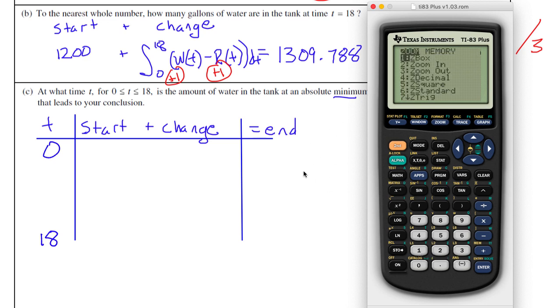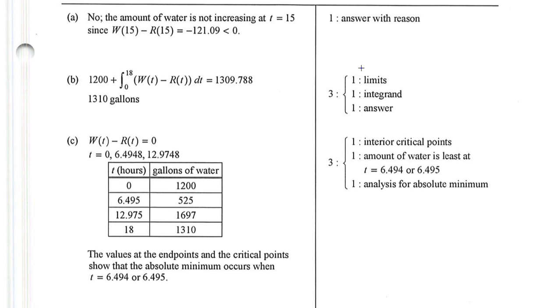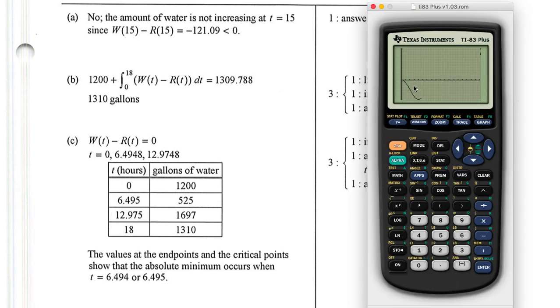We'll figure out where it crosses the t-axis. What we should have found is that it crosses at 6.495 and 12.975. How did we get those though? Right there it crosses at 6.495, and right there it crosses at 12.975.